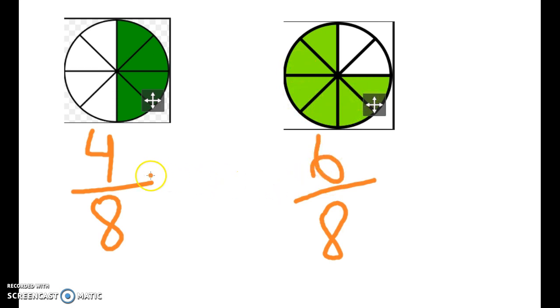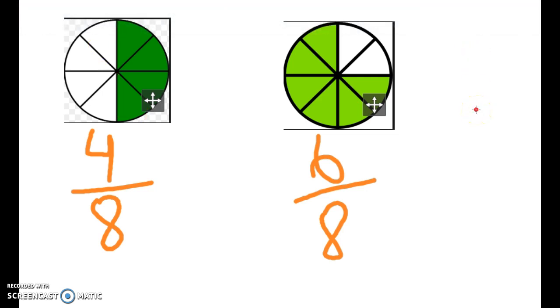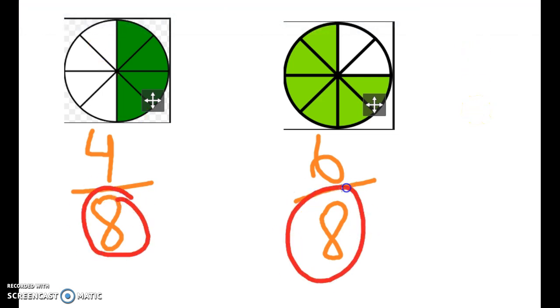To compare these fractions, the first thing I want to do, remember step one, is we look at the denominators. Are the denominators the same? 8 and 8. Since the denominators are the same, that means that both of these wholes, 4/8 and 6/8, are broken into the same number of pieces, meaning their slices are the same size.